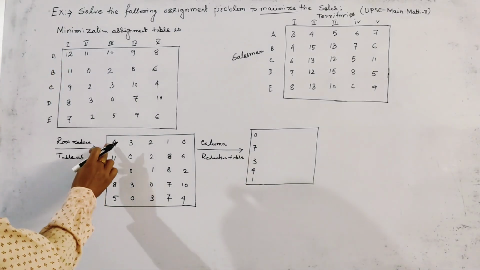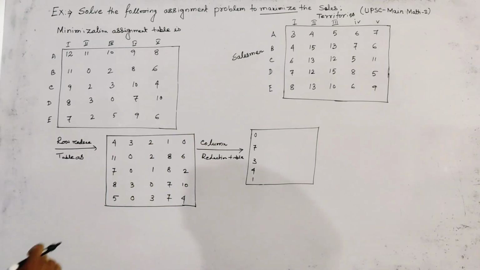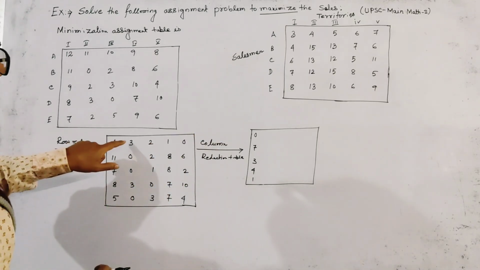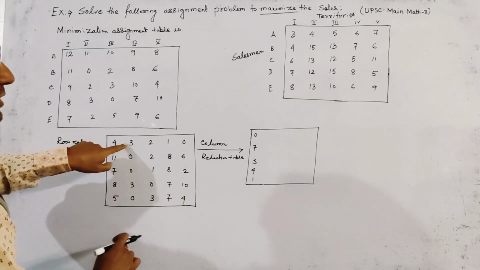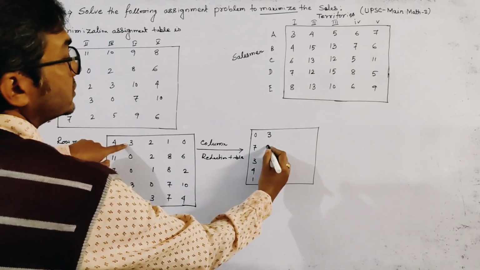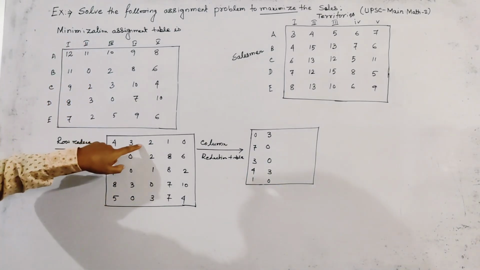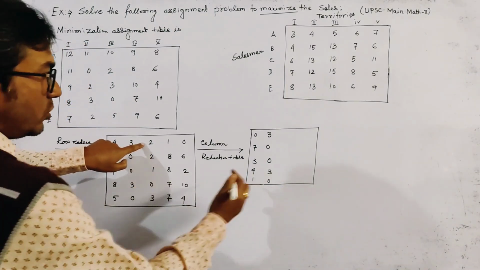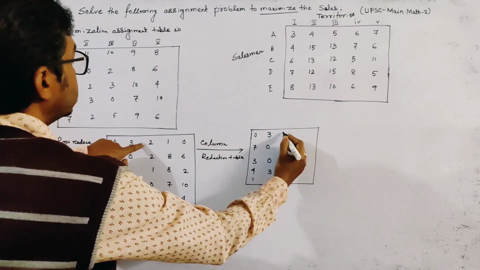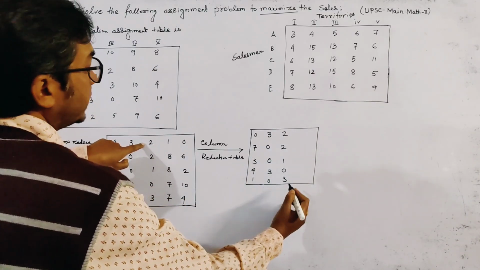Because 4 minus 4 is 0, 11 minus 4 is 7, 7 minus 4 is 3, and so on. For the second column there are 3 zeros, so no reduction of the column is required: 3, 0, 0, 3, 0. Here also a 0 appears, so it is unchanged: 2, 2, 1, 0, 3.